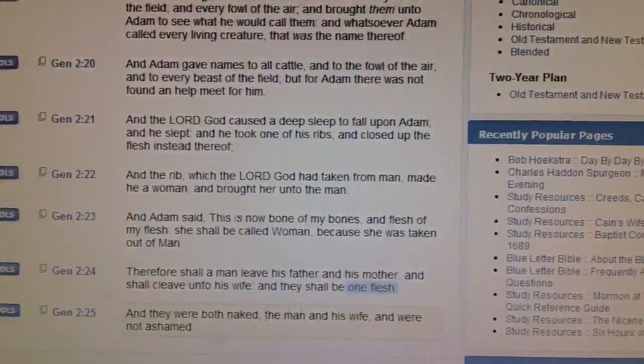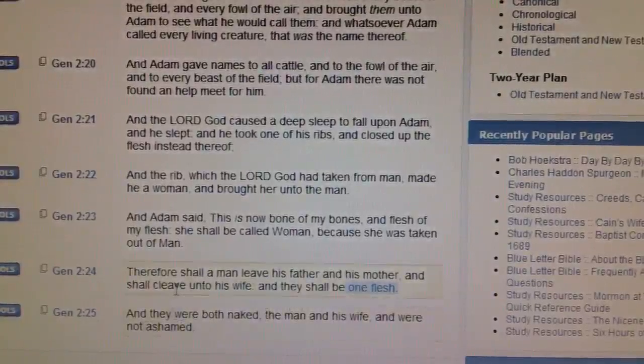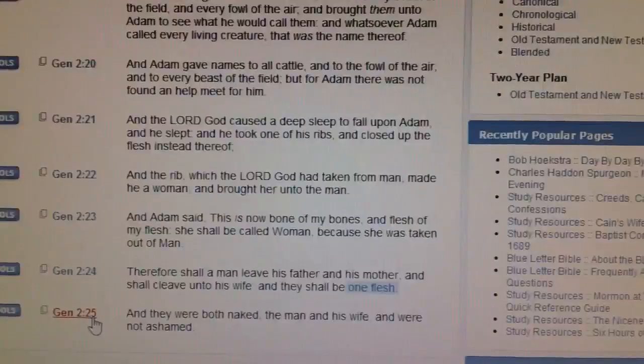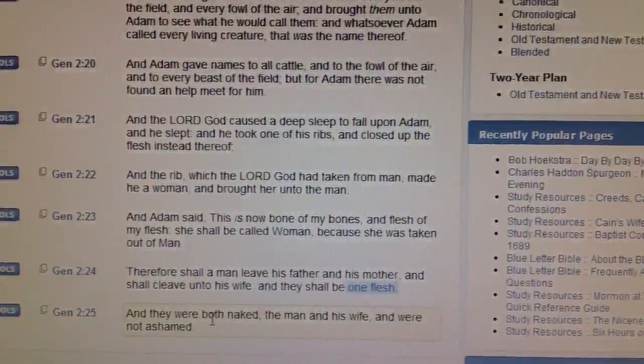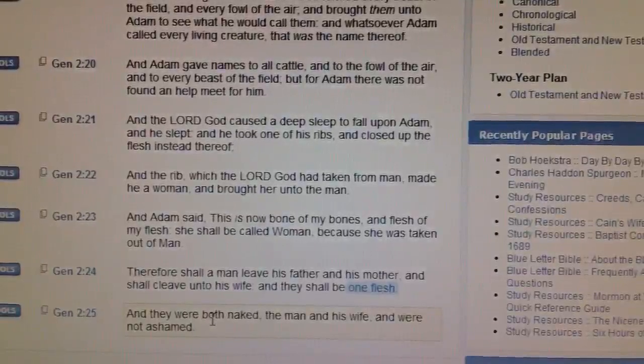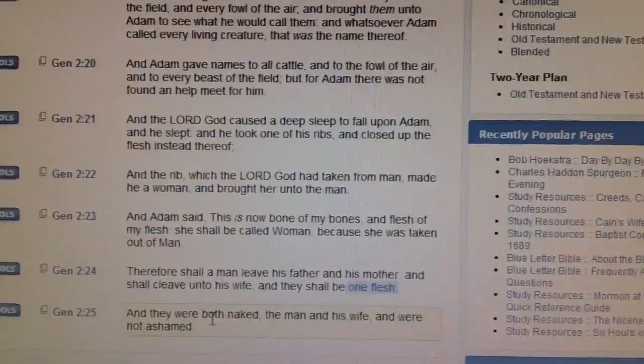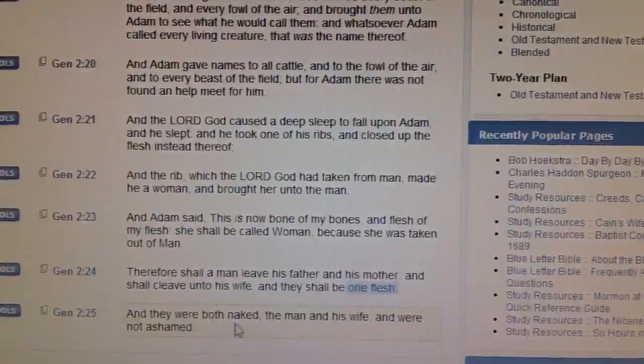What happened was, when we see that they were not ashamed in Genesis chapter 2, verse 25, and compare it to when they were hiding themselves or covering up their private parts, we will see that that only occurred after they were with Satan, sexually speaking. Okay, so I think I'm going to stop here and we will start on number 6.